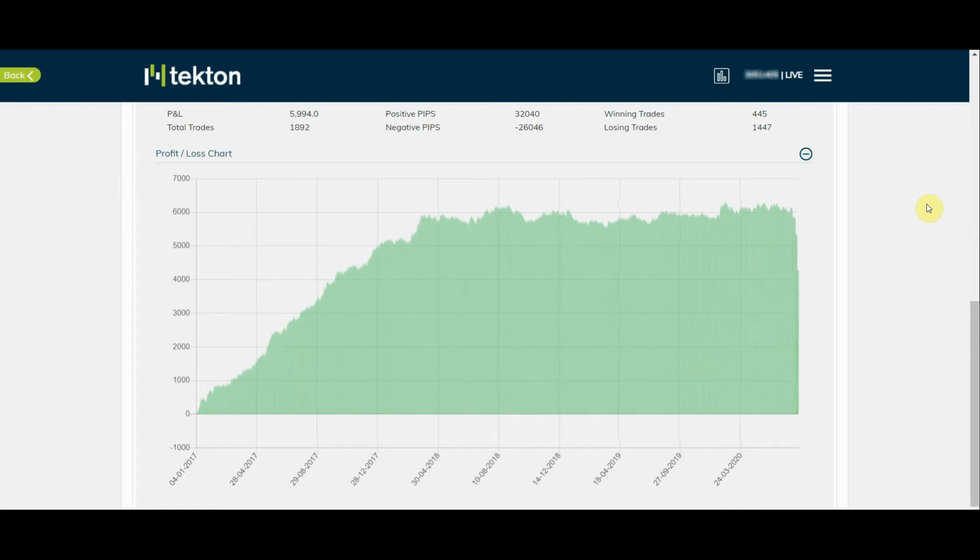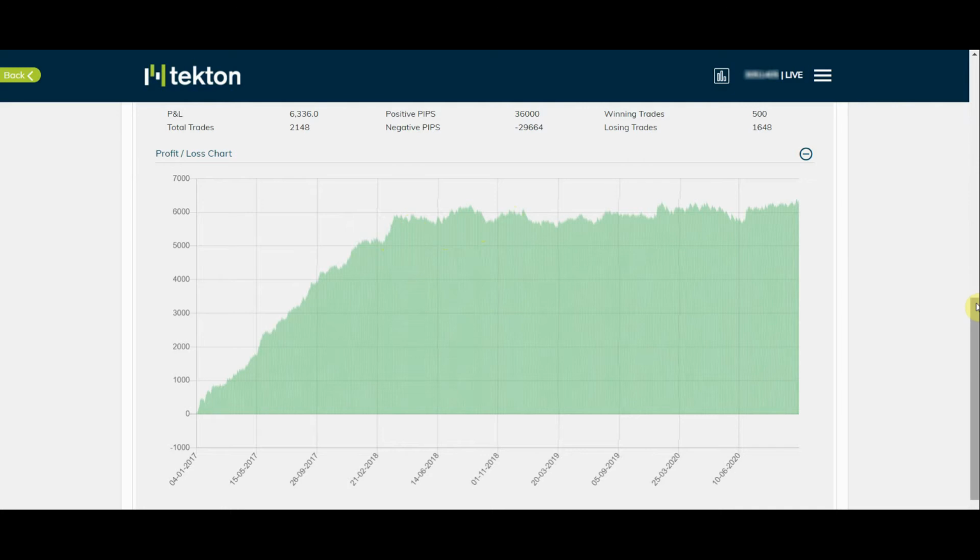It's over 6,000 now. But it is, I agree, a little bit more sideways here, and it has had a little bit of drawdown. So if we test in a moment, when we do this test from 2018 through to the end of 2018, we will see this period here and the results that gave us.